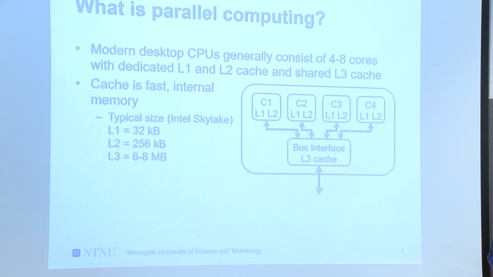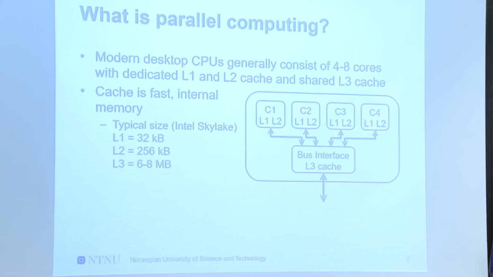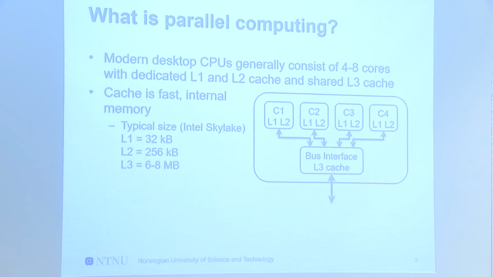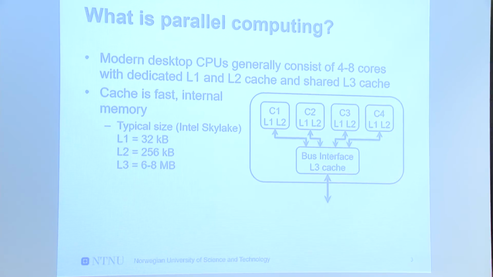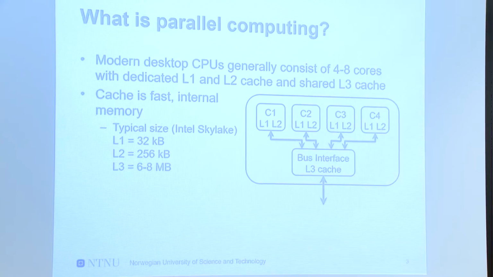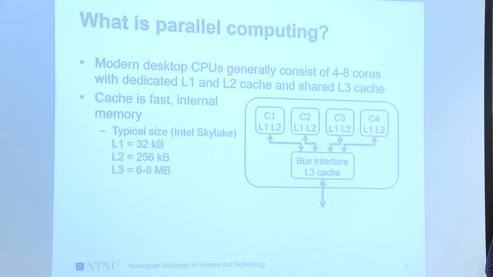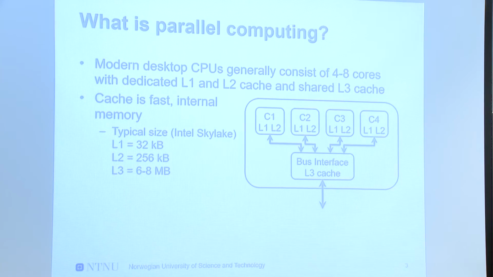And the sizes generally are quite small. I wrote here the figures for my processor at home, but for standard small matrices up to several thousand elements, that is sufficient. If you go into big data, you easily end up with matrices of several hundred megabytes, even in the gigabyte range.